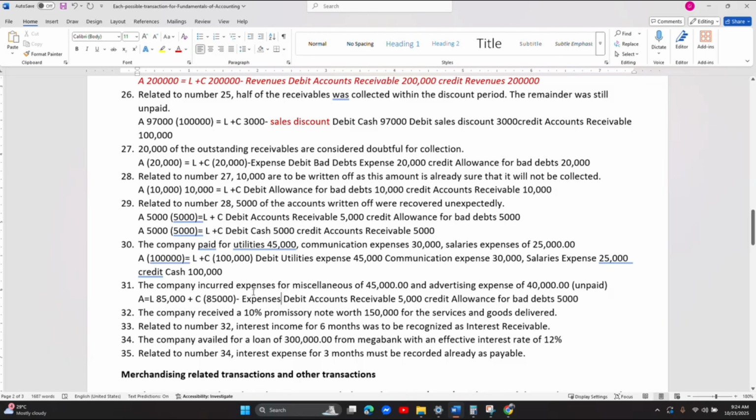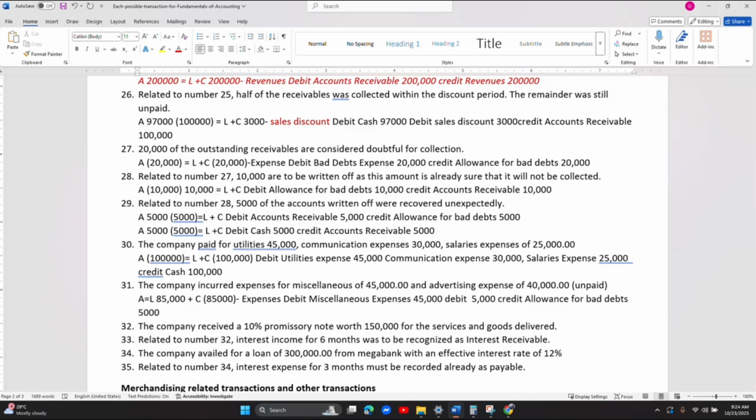So how do you record that one? You will record debit miscellaneous expenses of 45,000. And another debit, advertising expense, which is 40,000. All in all, you have 85,000.